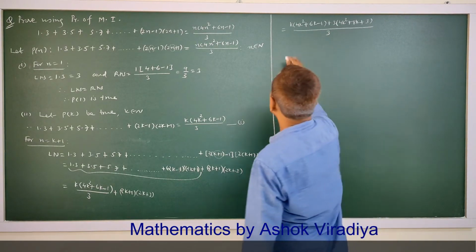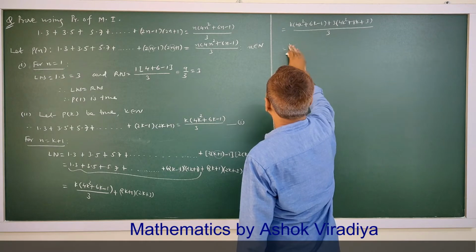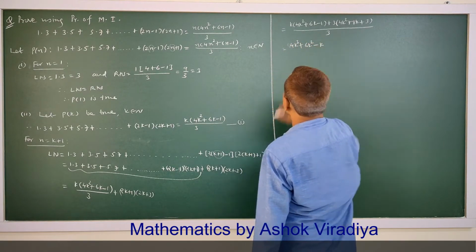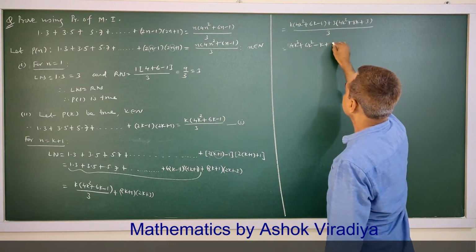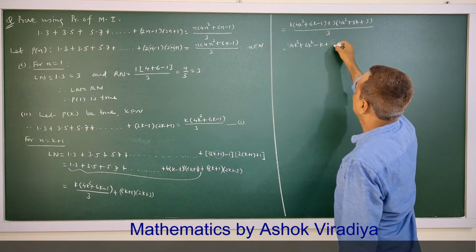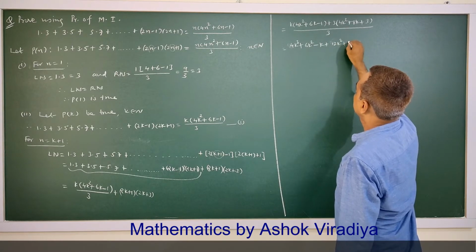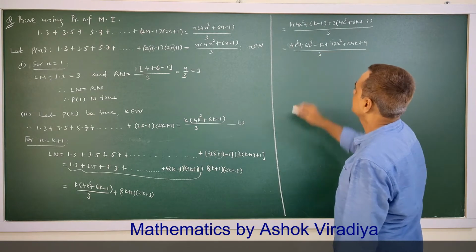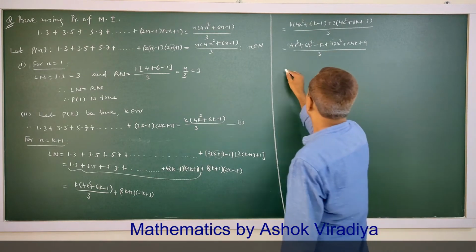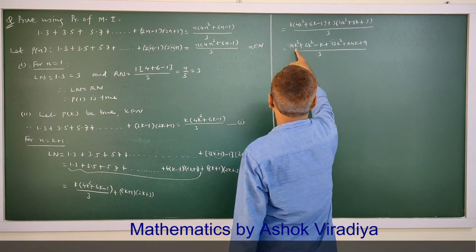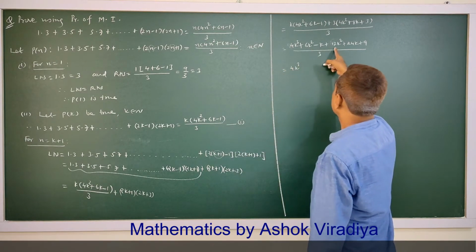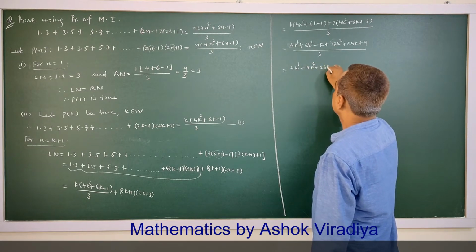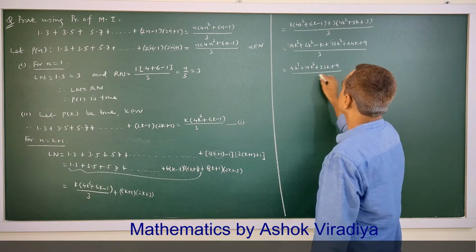So simplifying, k into 4k square gives 4k cube plus 6k square minus k, plus 3 into 4k square is 12k square, plus 24k plus 9, upon 3. That is 4k cube plus 6k square plus 12k square, that is 18k square, plus 23k plus 9, upon 3.